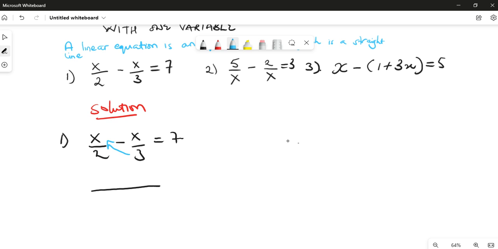We're going to say 3 times x, that is 3x, minus 2 times x, that is 2x, over 2 multiplied by 3, that is 6, equals 7.